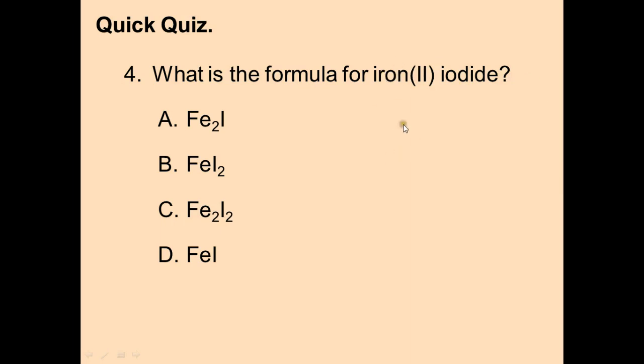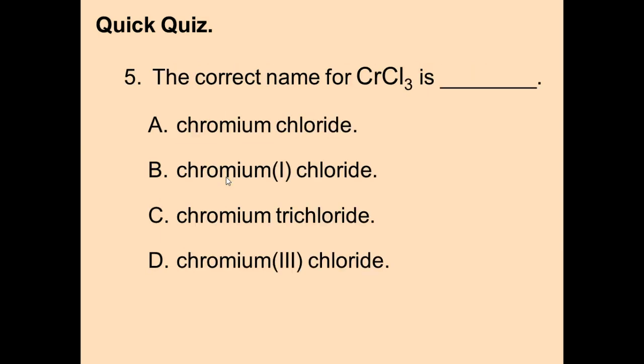Iron has a charge of 2, so it gives it to iodine, which needs a 2 as a subscript. Iodine has a charge of 1, so that will be given to the iron. And so iron will have 1 at the bottom, which is not seen. So the correct answer is B, because iron has 1 and iodine has 2, or iodide.